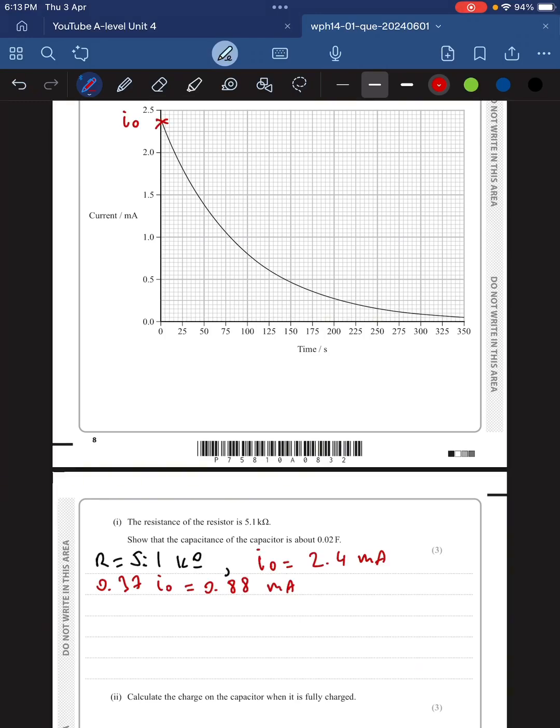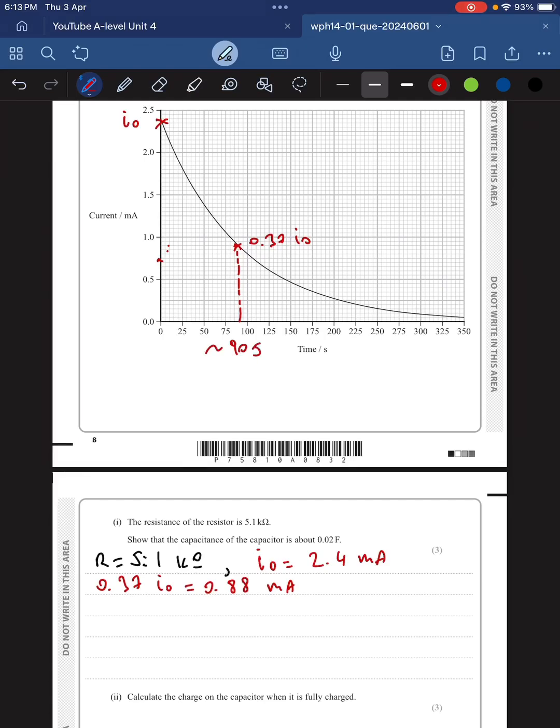So if we go back to the graph, 0.88 is about 0.9, so this is 0.75, 80, 85, 90, so that's the point, somewhere there, okay? So that's 0.37 I naught, and if we go down, we can read off 75, 80, 85, 90.